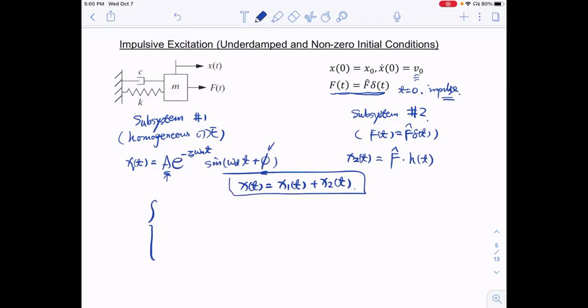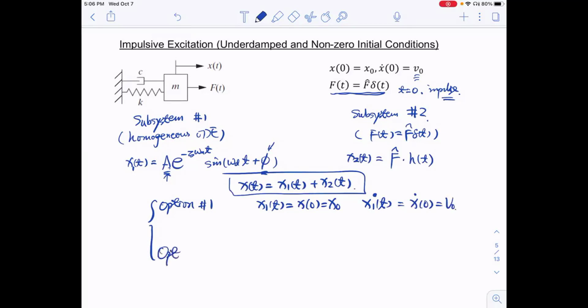We haven't determined that yet. So there are two options. Option 1: when you solve for A and phi, you don't care about x2. You just assume that x1(0) equals x0, and the time derivative of x1 at 0 equals the initial velocity v0.